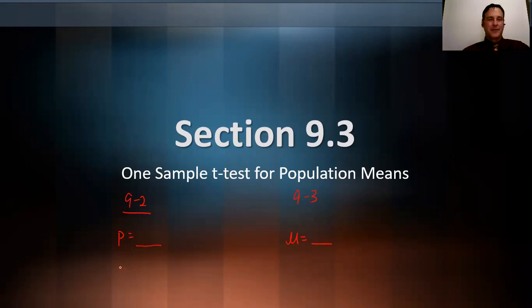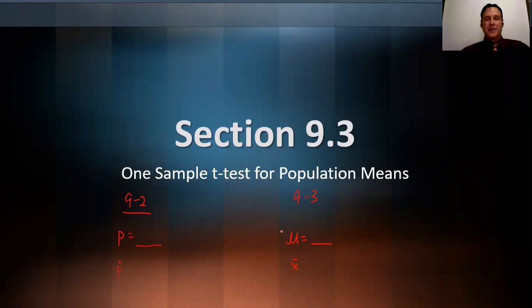We use small samples, using a p-hat in 9.2 or an x-bar in 9.3, and compare our x-bar to our mu, or our p-hat with our p, to see if they are statistically significantly different from what the original claim is with the parameter. Sometimes they are, and sometimes they are not. But that is what we're going to do in this section, except that instead of population proportions, we're going to do population means.